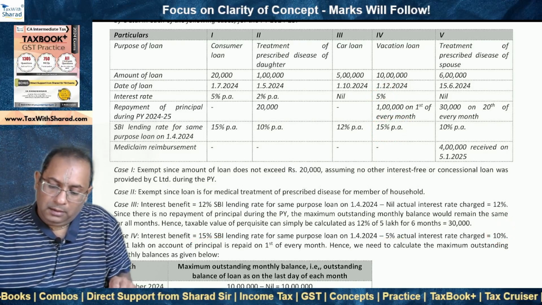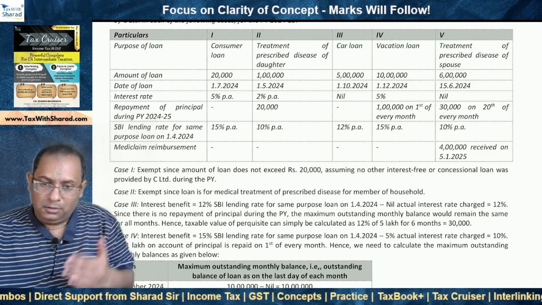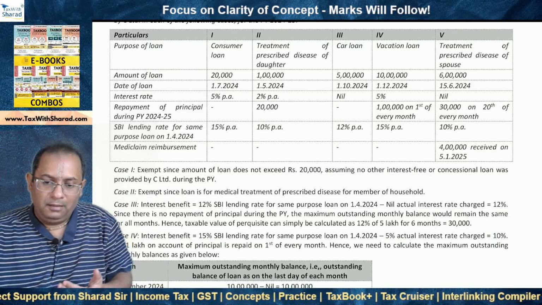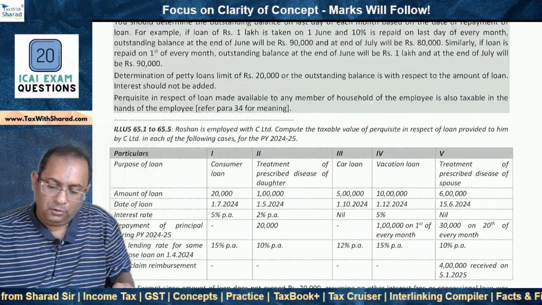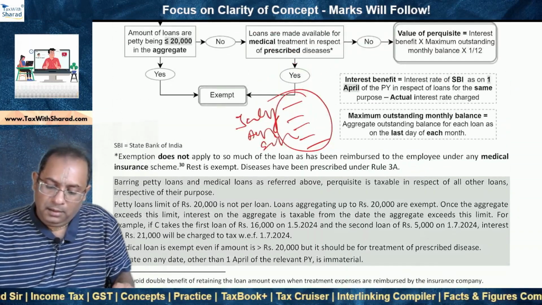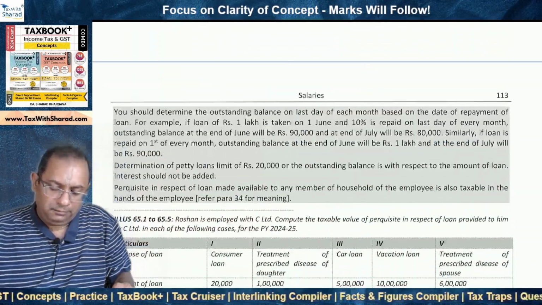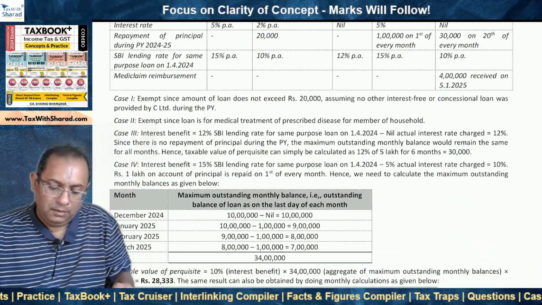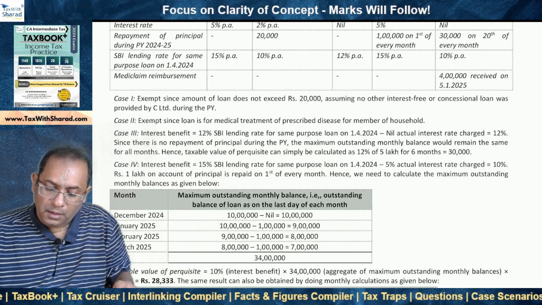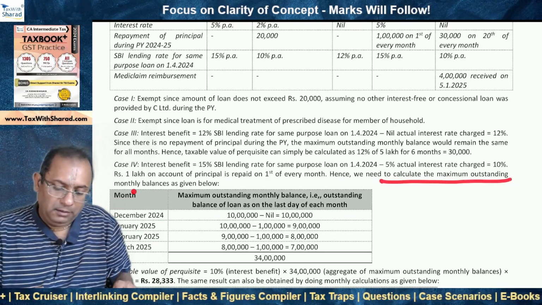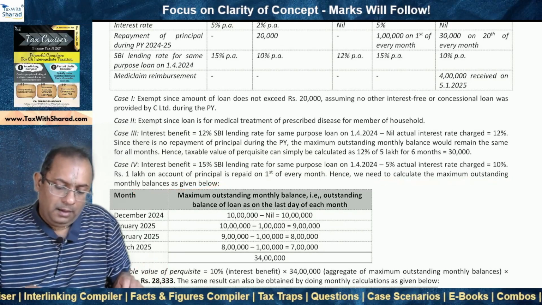Now here the outstanding balance is not constant, so we need to apply a different method. Okay, so we need to go by this formula: aggregate outstanding balance as on the last day of each month. So we need to calculate the maximum outstanding monthly balances as given below.